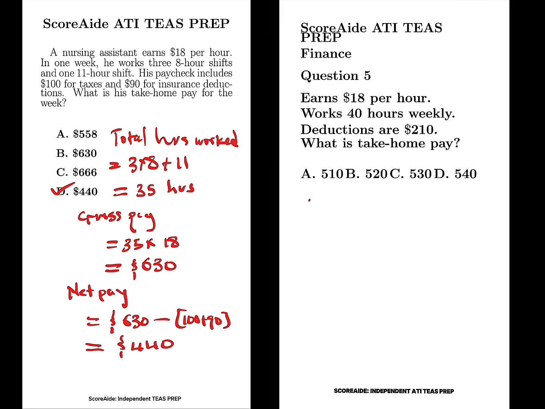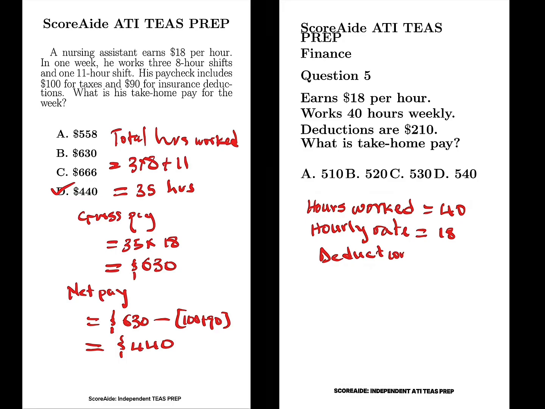So the number of hours worked, right? Hours worked equal to 40. Hourly rate equal to 18. Deductions, 210.